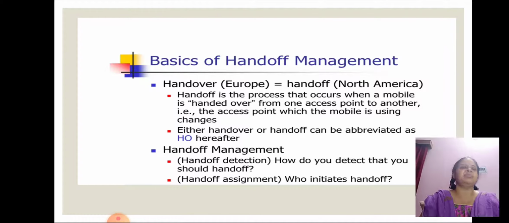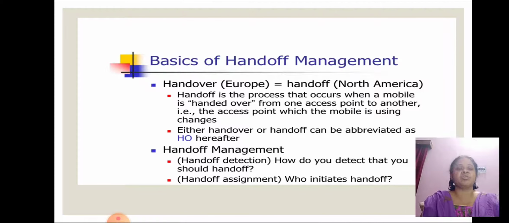In cellular communication, handoff is the process of transferring an active call or data session from one cell in a cellular network or from one channel to another. In satellite communication, it is the process of transferring control from one earth station to another. Handoff is necessary for preventing loss or interruption of service to a caller or a data session user.